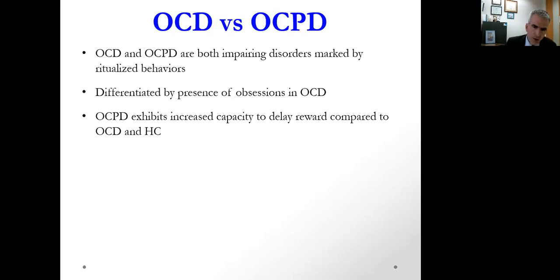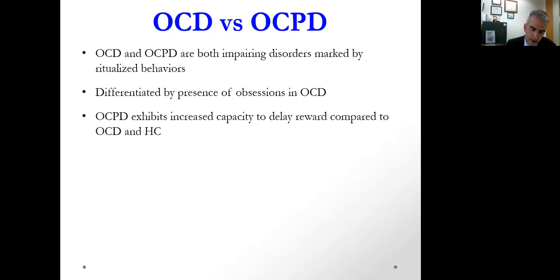In this study, I also was looking for another way to compare and contrast these conditions. And so my colleagues and I looked at various neurocognitive tests to see if there was another way that we could differentiate them.